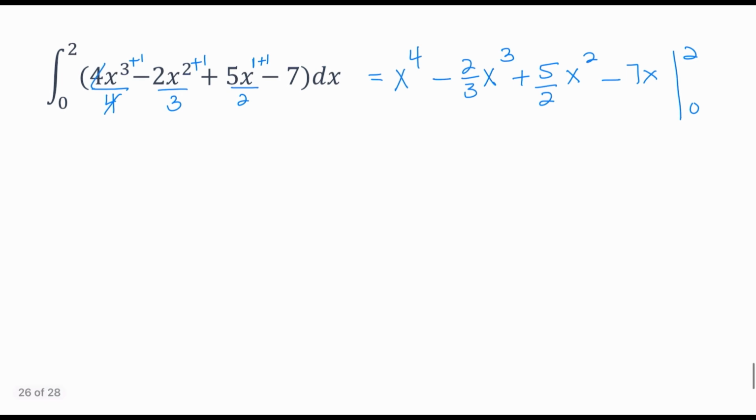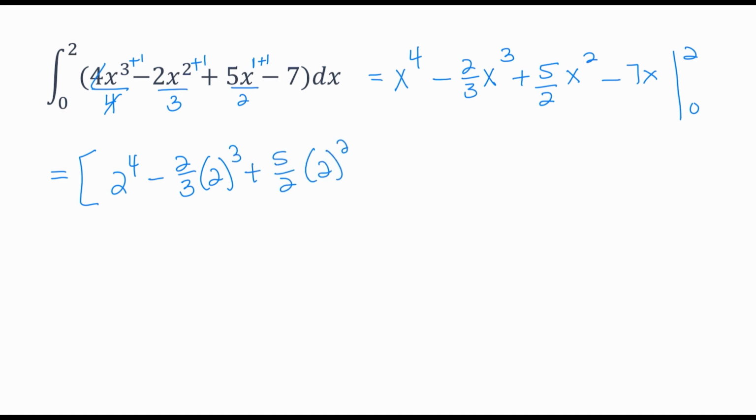So let's go ahead and start by substituting the x with 2. I'm going to get 2 to the fourth power minus 2/3 times 2 to the third power plus 5/2 times 2 squared minus 7 times 2 minus, then my lower bound happens to be 0.